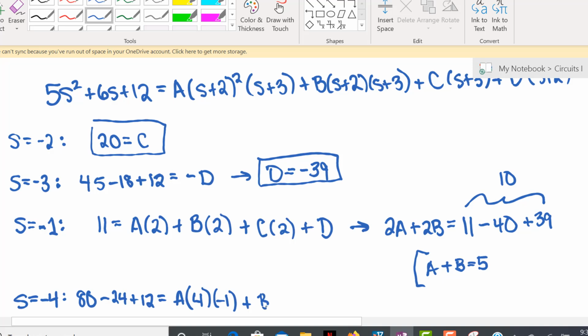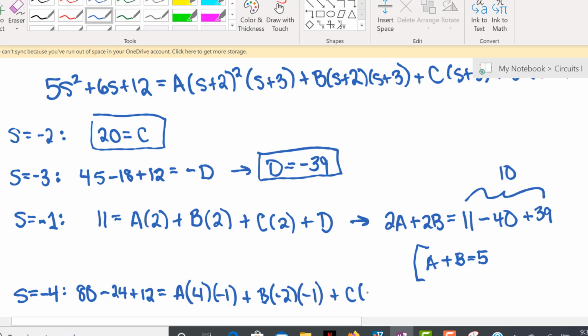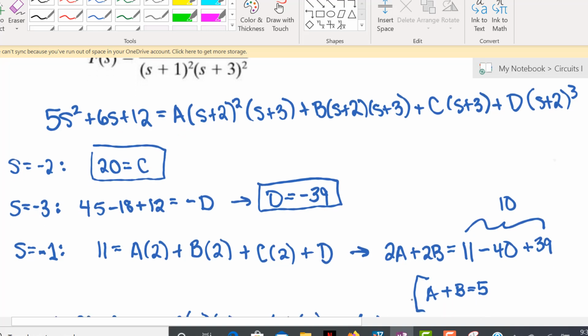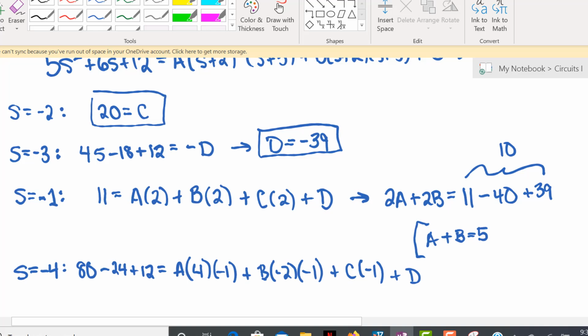Plus b, -4 plus 2 is -2. -4 plus 3 is -1. Plus c times -1. Plus d times -4 plus 2 is -2, and I cube it, -8.